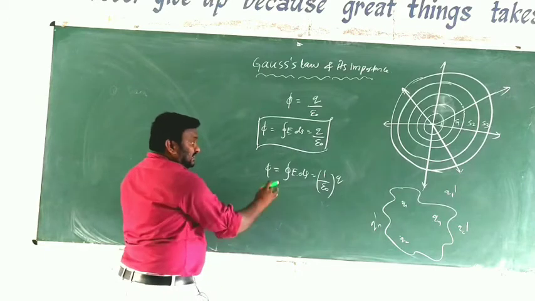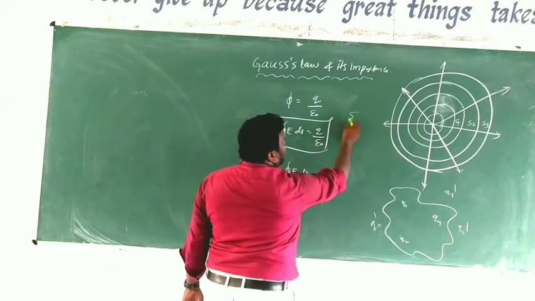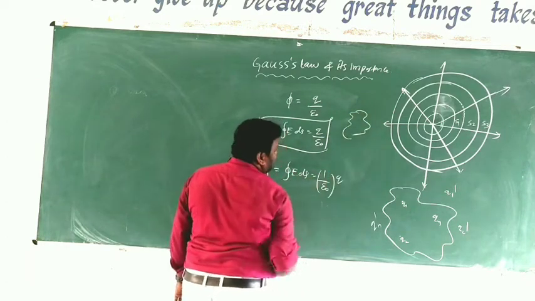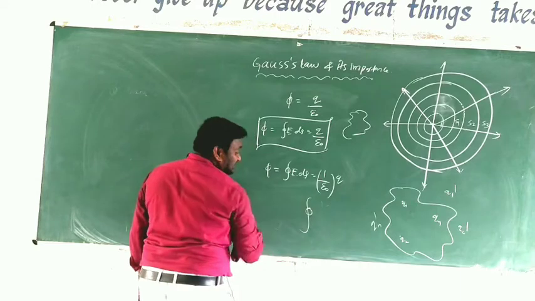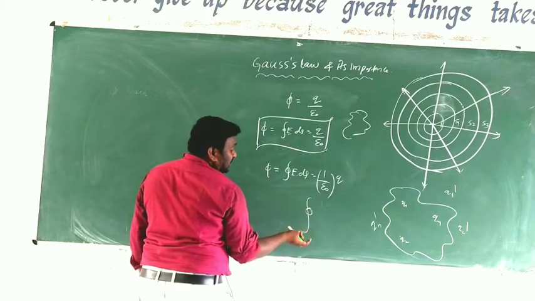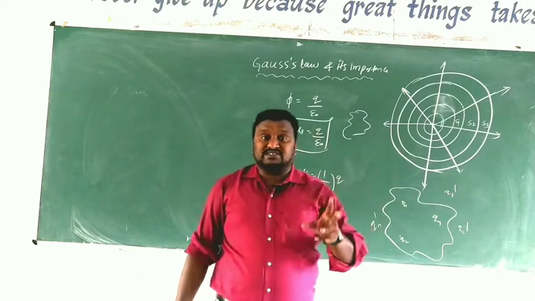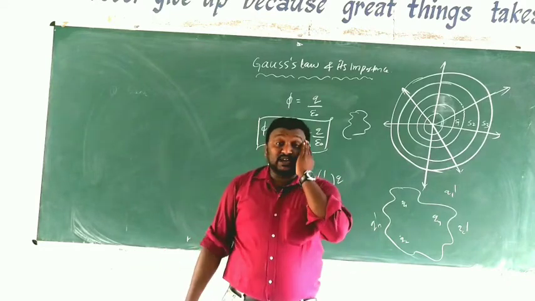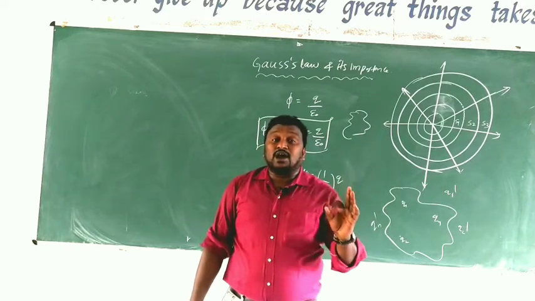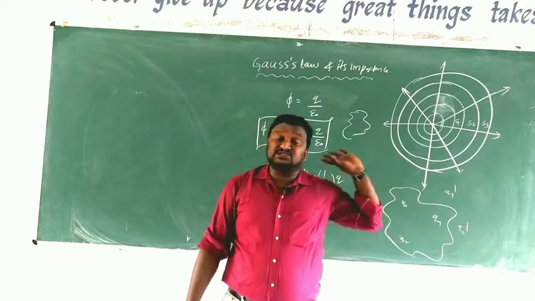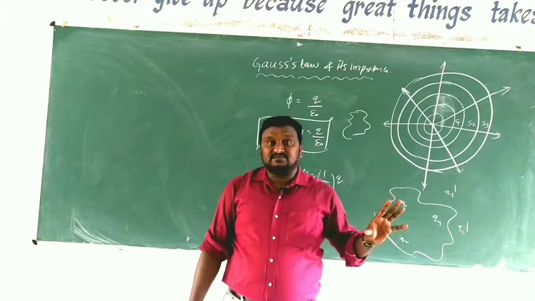That means here what is phi? Flux. Here we are taking the surface as a closed surface. On the integral we have a circle, which shows it's a closed surface. The flux that passes through a closed surface is 1 by epsilon naught times the net charge of the same closed surface.